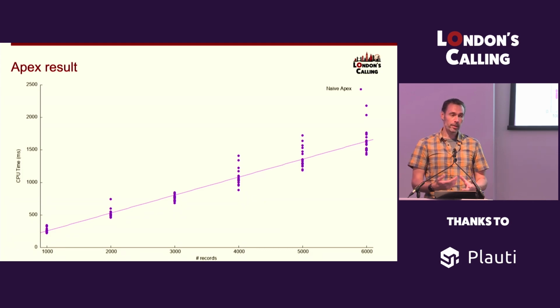So we could take the thing that we ran and run it with 1,000 to 6,000 records at different sizes. We can see it's taking, I don't know, about 300 milliseconds to do 1,000 records, and then sort of linearly increasing. You can see the spread of dots, being one of the challenges of doing performance testing in Apex: sometimes it's faster, sometimes it's slower. So you do actually need to do this. You can't just run it a couple of times and say, hey, one thing's better than another.